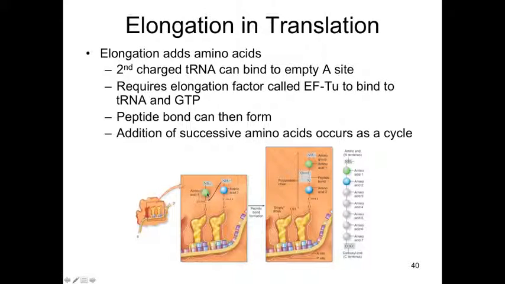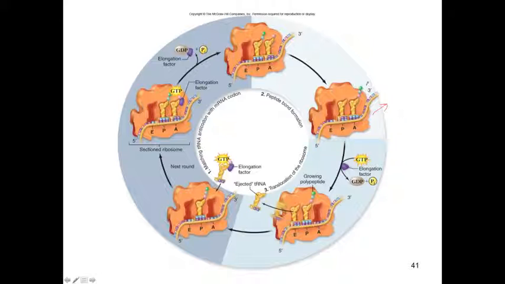Both these amino acids will now end up on the A site tRNA. This cycle of addition will continue as we grow the new polypeptide strand. The next amino acid will end up in the A site, steal the chain from the P site, and so on and so forth. Let's look at this in a little bit more detail.